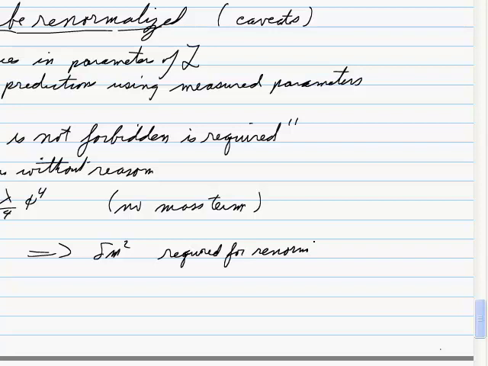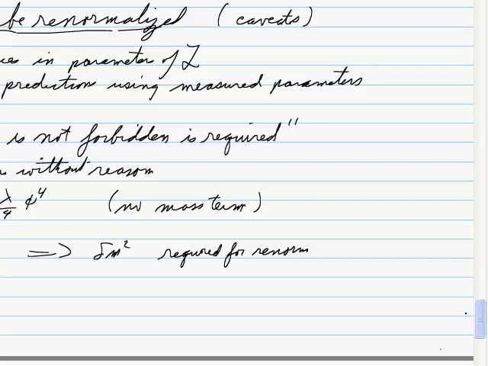So you would have a divergent diagram and you wouldn't have any place to put it, because you don't have a mass, so you don't have a delta m squared. The only way you can treat this theory in general is to write out all the terms that are plausible. You include the delta m squared piece, and then this divergence gets absorbed into delta m squared, the physical value of the mass.